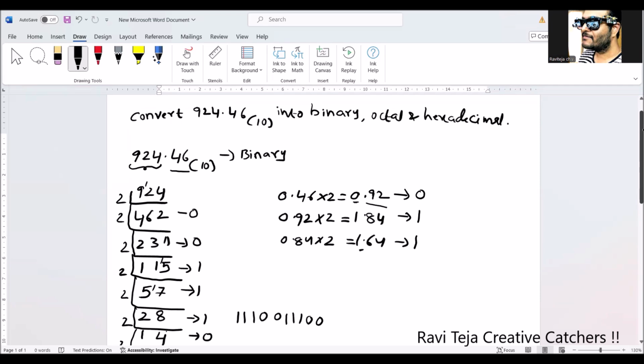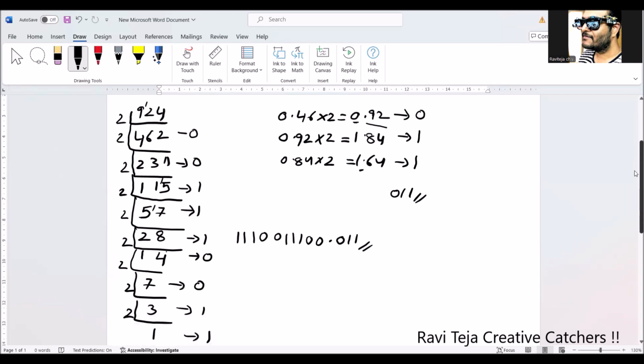So 0 1 1 is the value what we got after the point. Add that particular value after this binary data. So this is our answer.